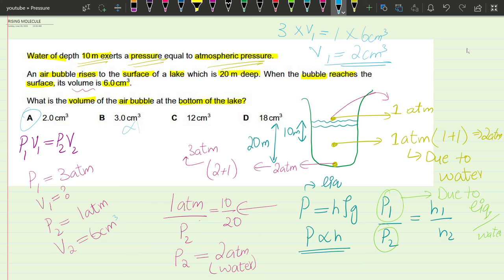In this scenario the liquid was water, and we used the pressure at the depth of 10 meters to find the pressure at the depth of 20 meters, and the pressure that we found was only due to the water. Hence, to find the total pressure at the bottom we must add the pressure applied by the atmosphere.